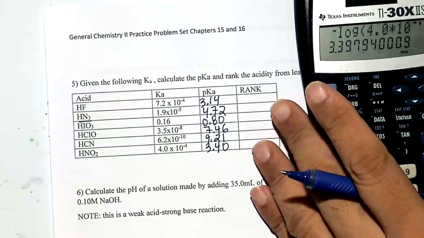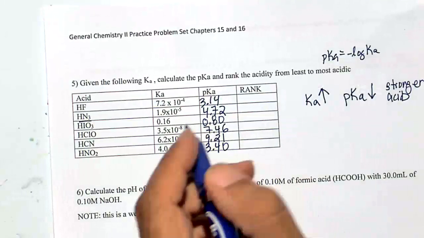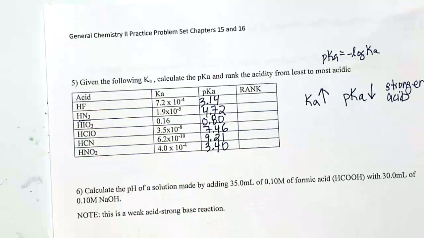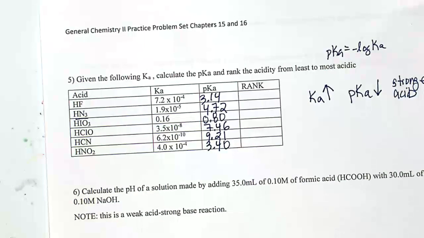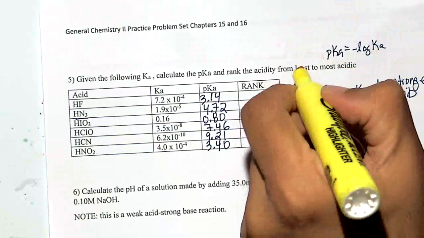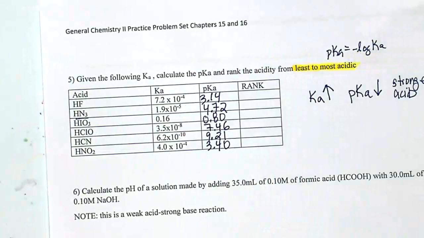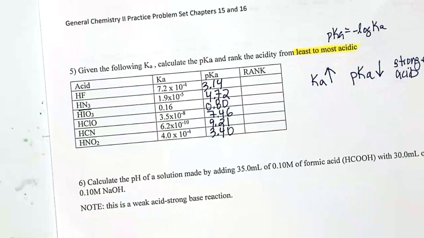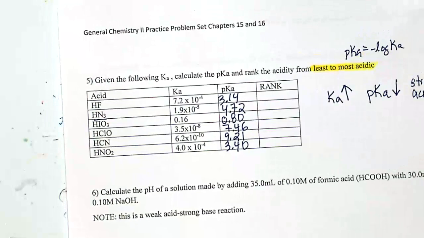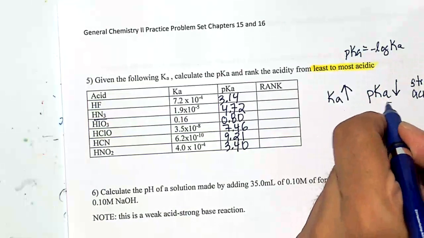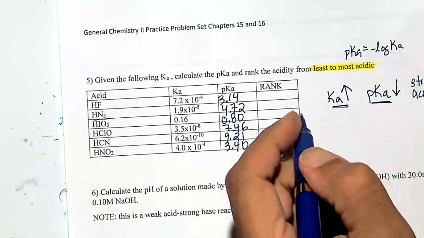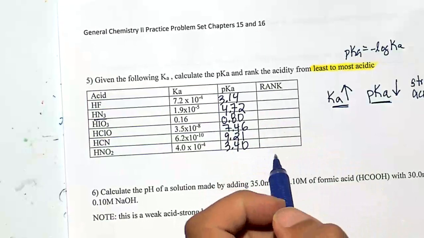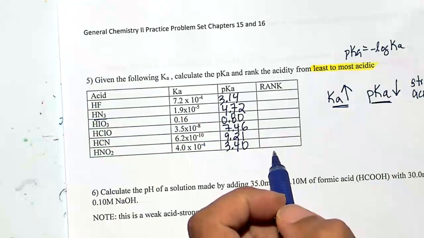Now we're at a situation where we can rank these based upon the Kas or the pKa. What does it say here? Least acidic to most acidic. So the most acidic would have the lowest pKa, highest Ka. What is the lowest pKa here?